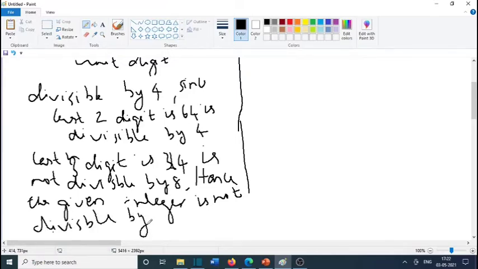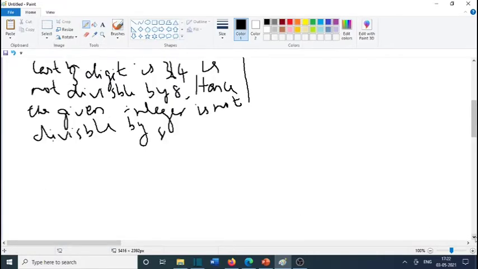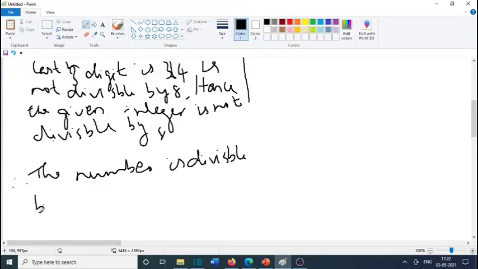Therefore, the number in A is divisible by 2, divisible by 4, but not by 8.